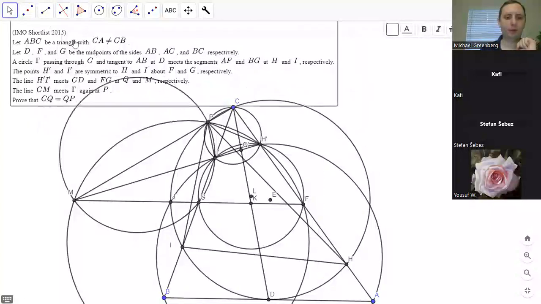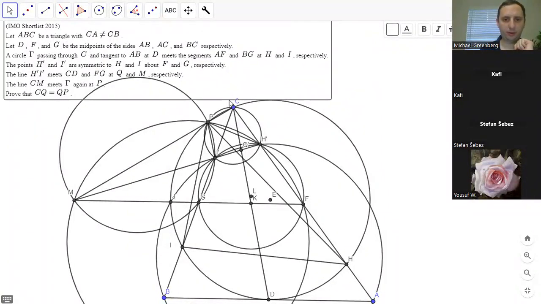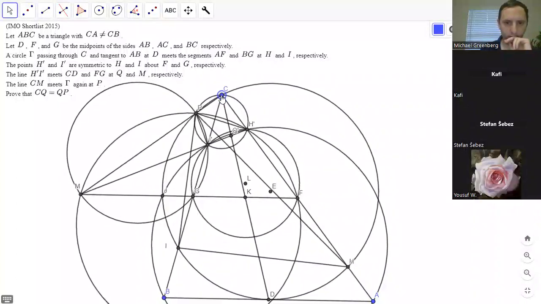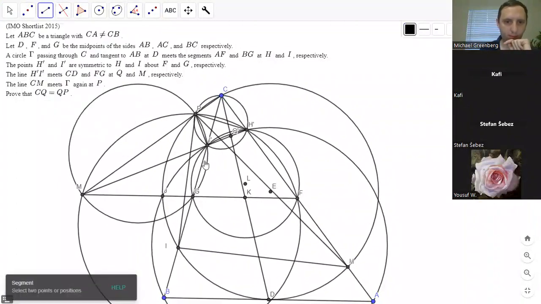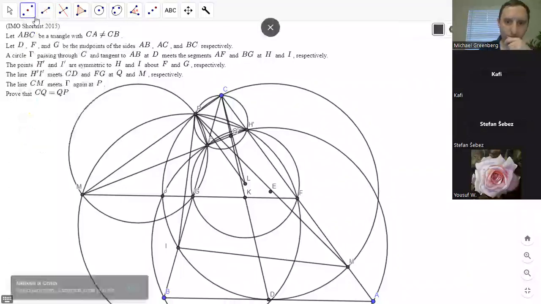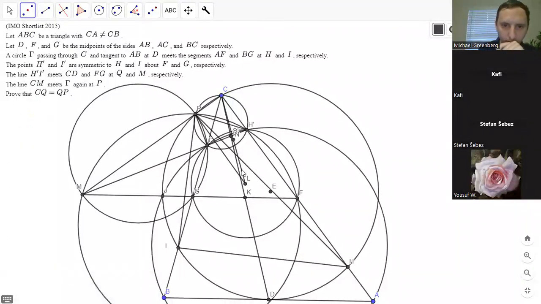So maybe we could, I don't know if we can let L be the center, and then we know that that's perpendicular, and maybe we could take the midpoint. Let's see. Can you intersect HI and AB?